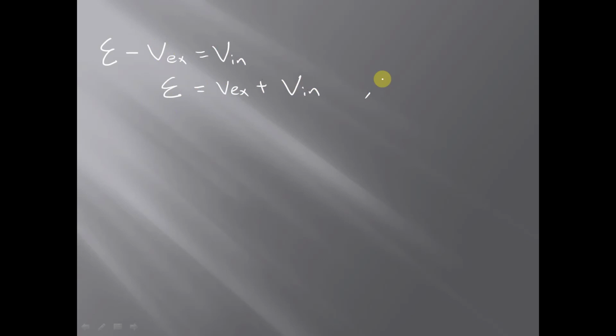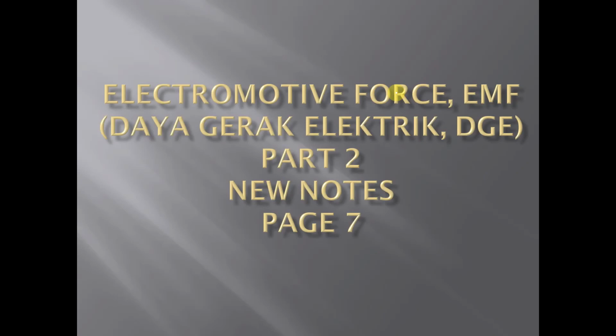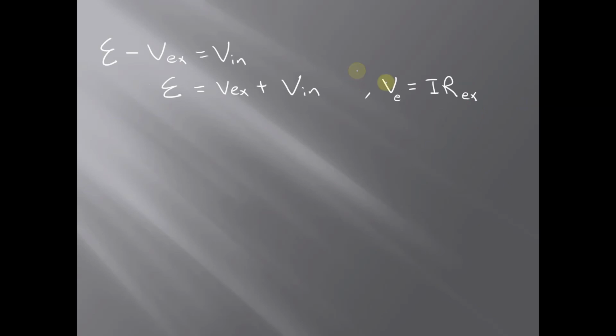But do remember one thing, V is always equal to IR. Disebabkan R ini disambung di luar, bermakna this must be the external as well. So you will find that EMF is equivalent to capital I capital R, which is the external, campur dengan I small r.